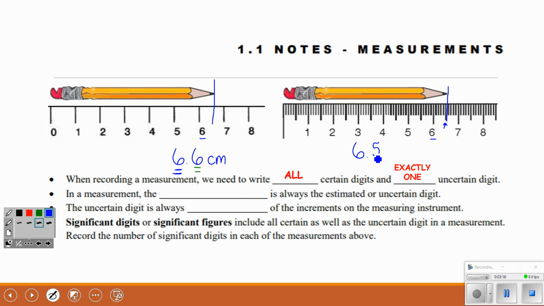Then we estimate where it's falling. So it might fall 0.56. Now, that estimated digit is going to change depending on how you're viewing it, depending on who's viewing it, because that last digit is your estimated digit.